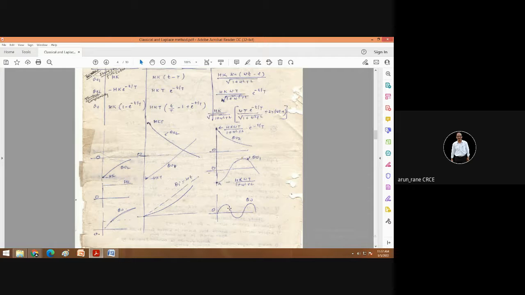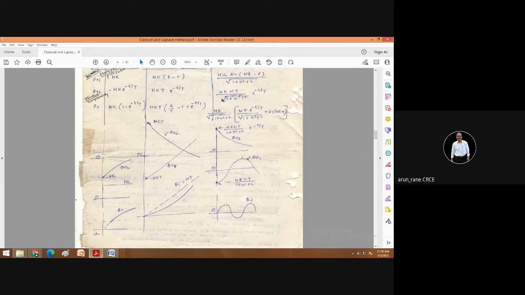Now similarly, you can find this out for a sinusoidal input also. This is my response. Taking various values of t, I have got this, this, then added, so I get this. And I can superimpose my input disturbance, which is sinusoidal.